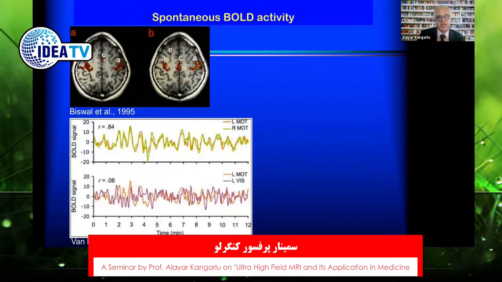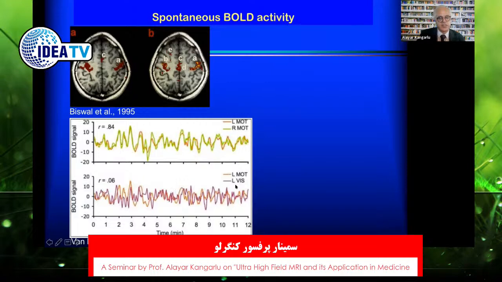And combining that, high resolutions of fMRI at 7 Tesla and higher, with this other technique of spontaneous BOLD activity, a technique called resting state functional connectivity MRI, as you can see in this slide and the graphs here, there are 2 different brain regions in the temporal lobe whose activity really goes hand in hand.